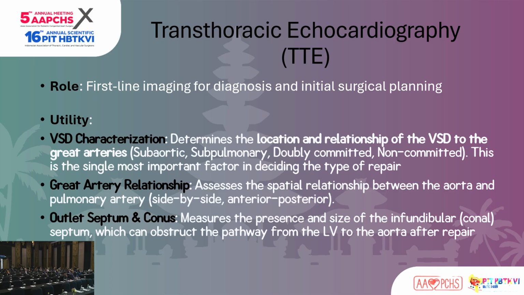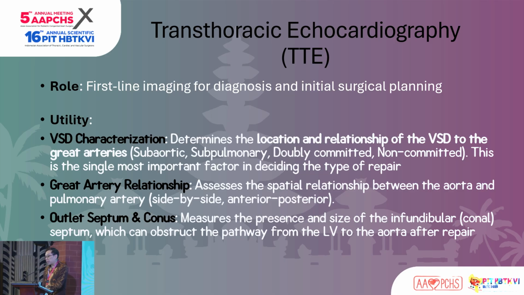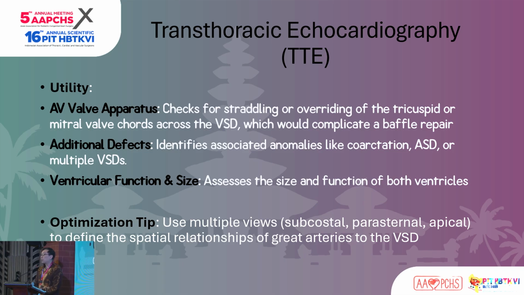Determines mainly the location and relationship, looking at the coronary septum, as well as the presence and absence of any long conus, which can obstruct the pathway of the LV to the aorta repair. It also allows us to look for AV valve apparatus, whether there is a complete AVSD association as well. It also helps to look for straddling or overriding of the cords across the VSD. This is something that is best seen on echo and not the rest of the modalities.